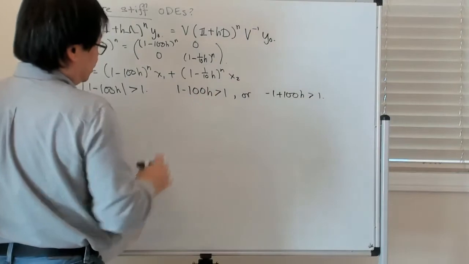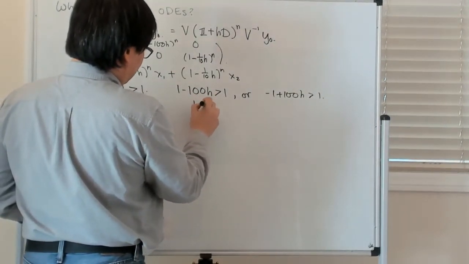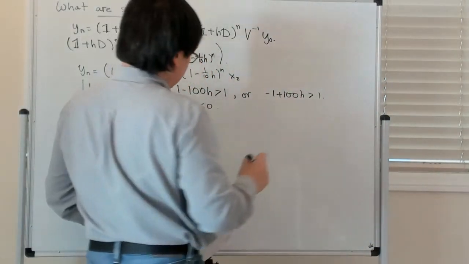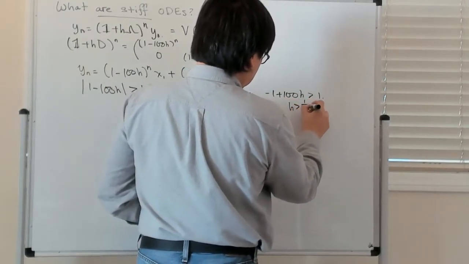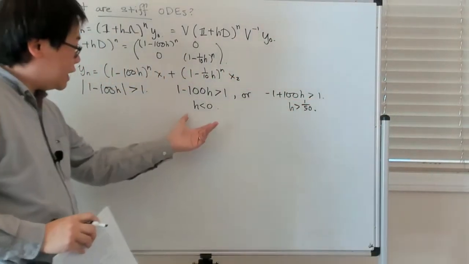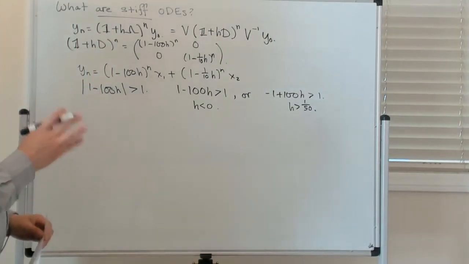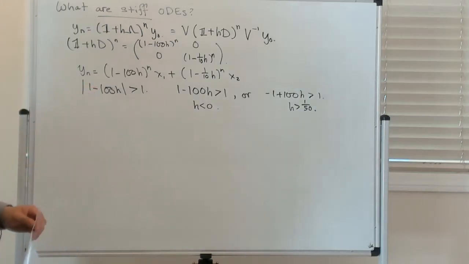The first condition corresponds to the situation where h is less than 0, and you can check that the second corresponds to the situation where h is greater than 1 over 50. So basically if you take a negative time step, or a time step which exceeds 1 over 50, then the numerical solution grows geometrically fast, even though the continuous solution is decaying.